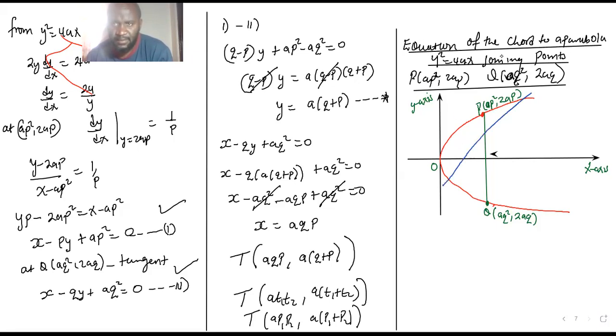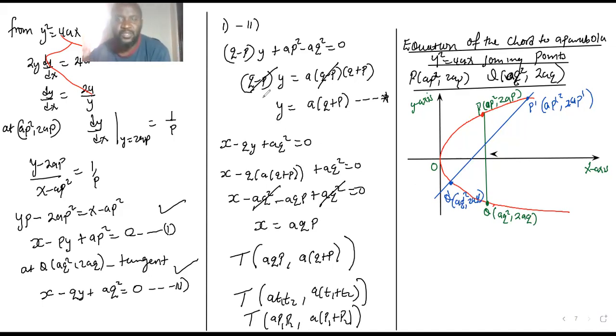Where are my straight lines? It can even be like this, whereby this can be your P, this can be your Q. This P prime would have (ap prime squared, 2ap prime), then this one can have (aq prime squared, 2aq prime). So the blue can be a chord, the green can be a chord, as long as the line cuts.